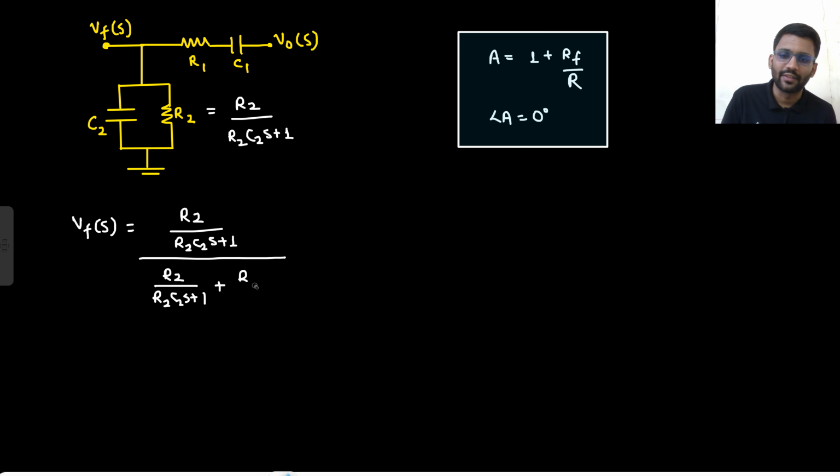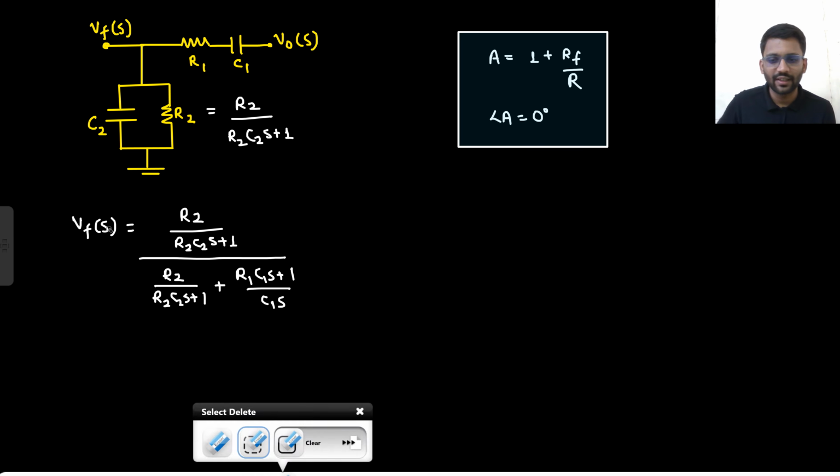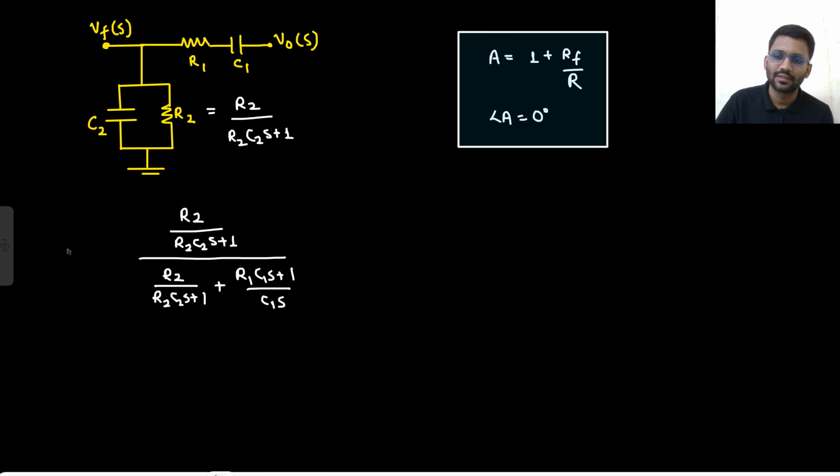It was this impedance divided by this impedance plus this impedance, R1 plus 1 by C1S, which is R1 C1S plus 1 divided by C1S. Yes or no? Everything is crystal clear. This is your VFS.